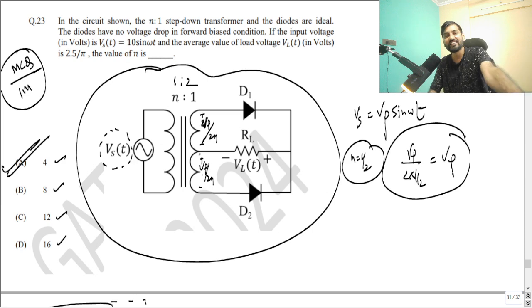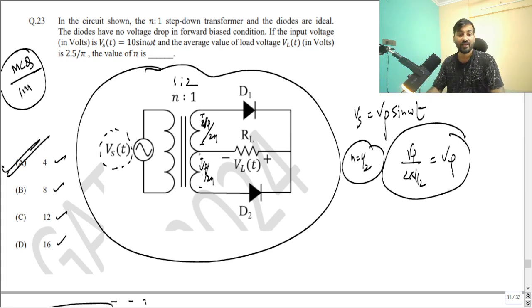But in general, keep in mind n is to 1, where Vp is the maximum voltage that you are getting from the input, that is the AC voltage. So the upper half of the secondary winding is Vp by 2n, and the lower half is also Vp by 2n. If you remember it like this, you will never make a mistake.